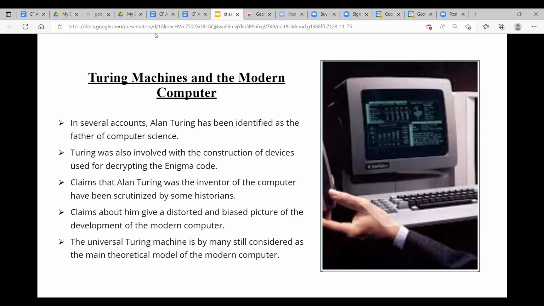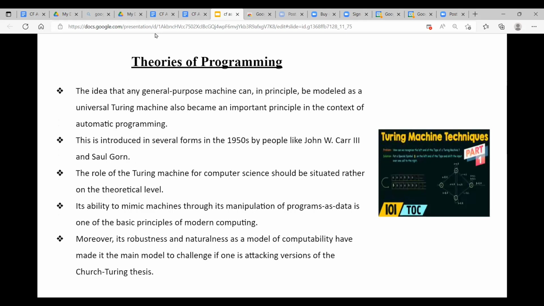Theories of programming: the idea that any general purpose machine can in principle be modeled as a universal Turing machine also became an important principle in the context of automatic programming. This was introduced in several forms in the 1950s by people like John W. Carr and Saul Gorn.